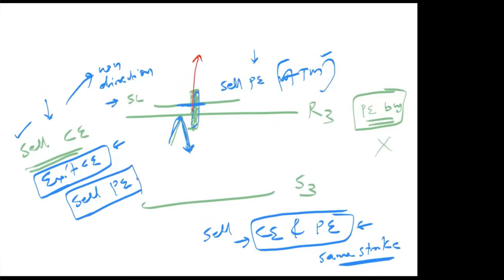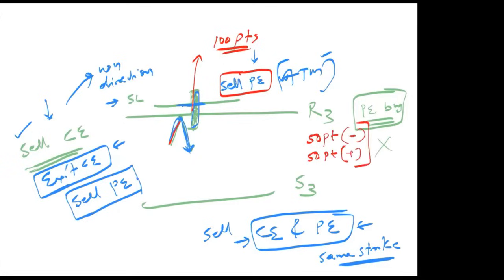Now what are the possibilities? If the market is going up, let's say 100 points up, this call will give you 50 points minus, but this put will give you 50 points plus. So this is getting balanced.